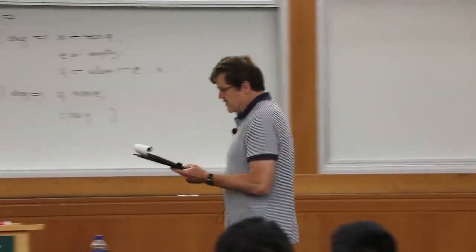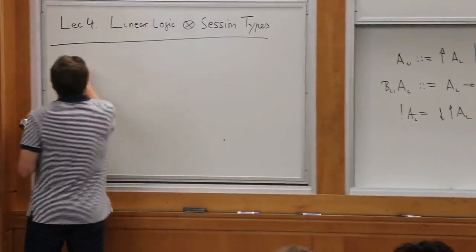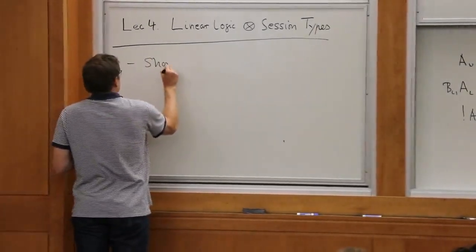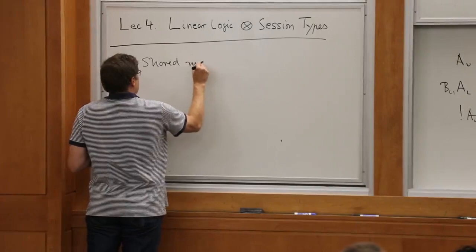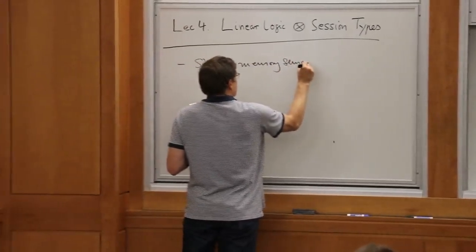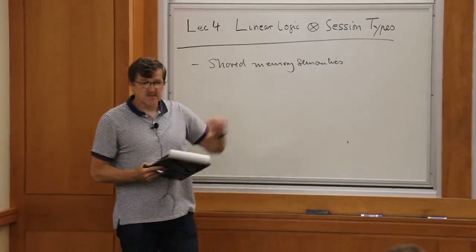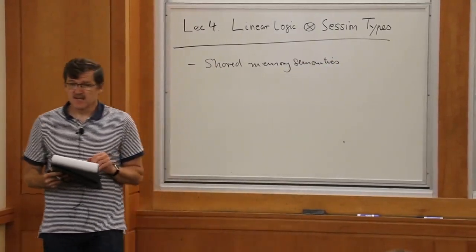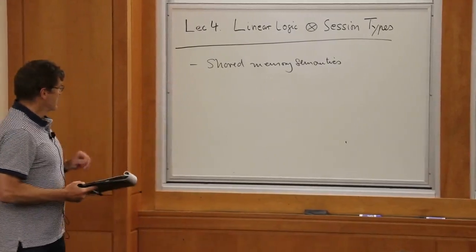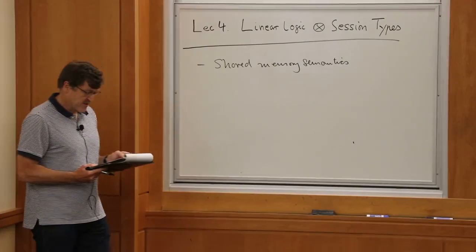One of the things I've been working on is a shared memory semantics for this. The natural semantics that goes with the sequent calculus here is one of message passing. But if you look at it a certain way, you can also read off a kind of shared memory semantics for the same thing.